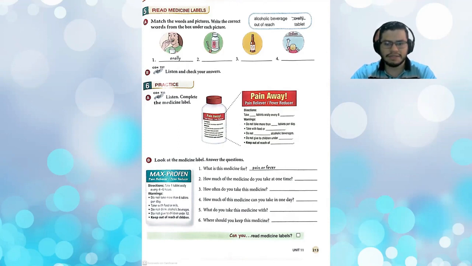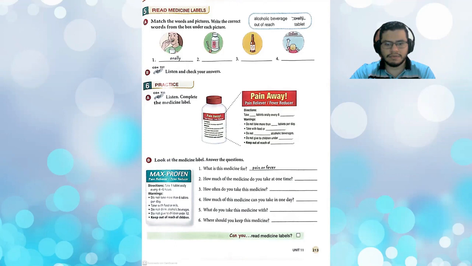H-O-U-R-S, hours. Do not take more than 8 tablets per day. Do not drink. Okay, listen. Do not take more than 8 tablets per day.